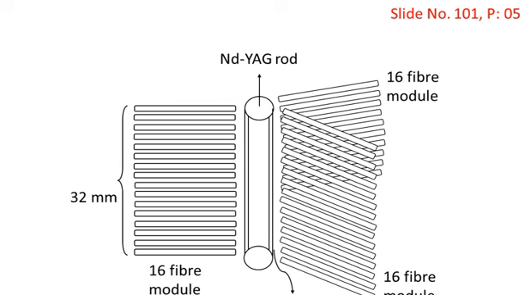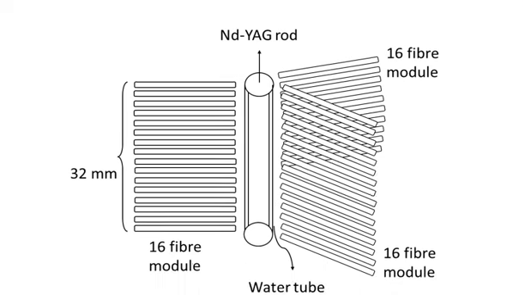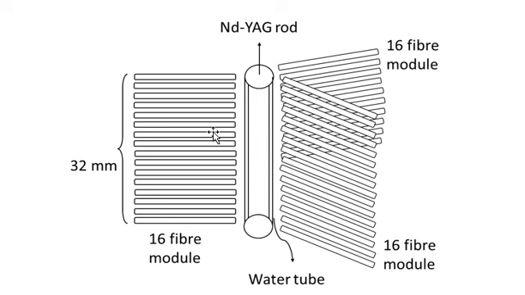And you see that there are 3 modules of fibers symmetrically placed around the Nd:YAG rod, each containing 16 fiber modules, and these are independent fiber modules. The length of each module is 32 mm, whereas the rod is 50 millimeters long.